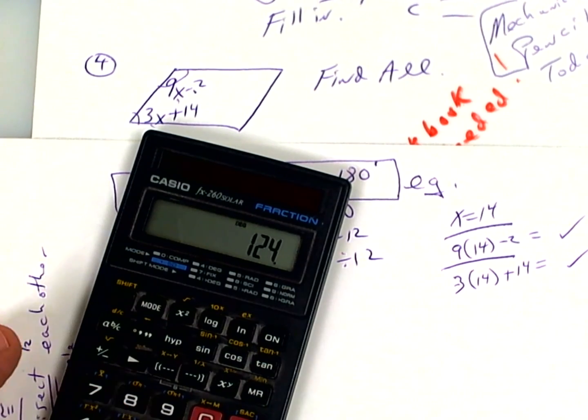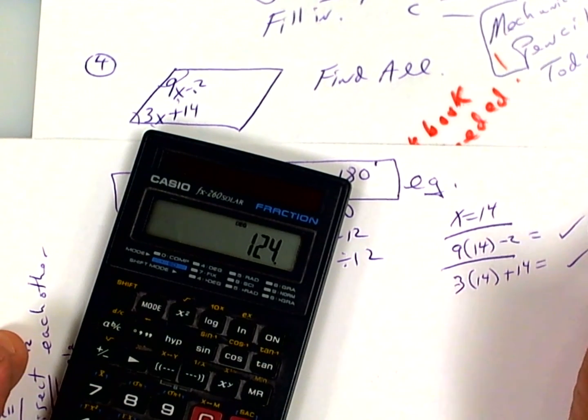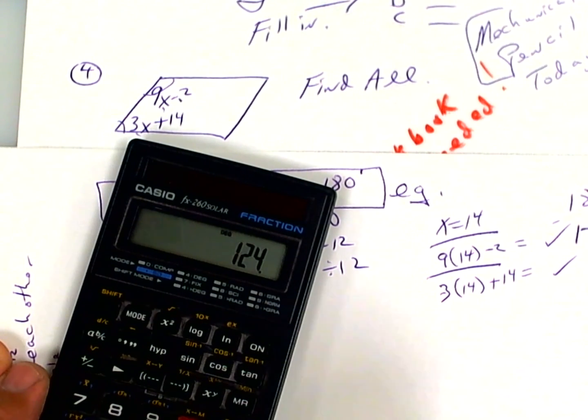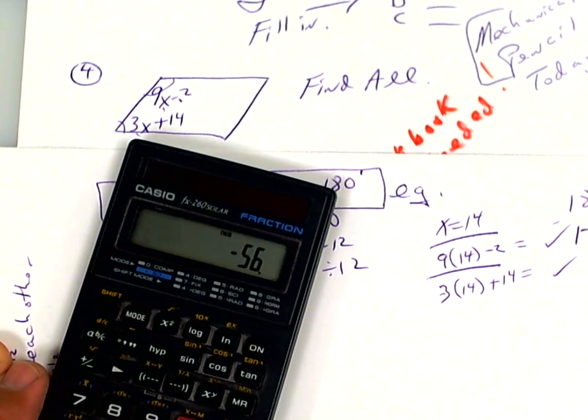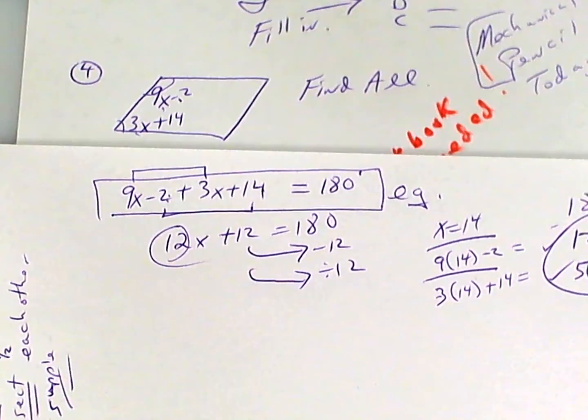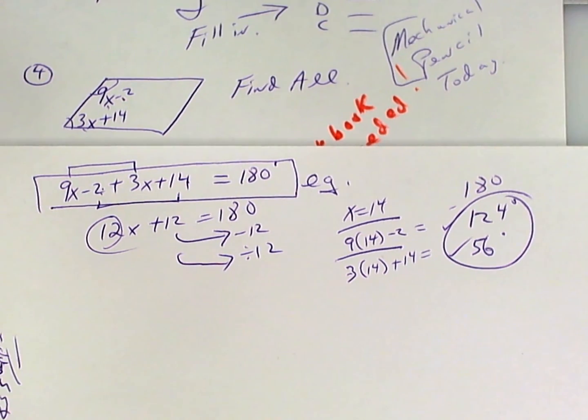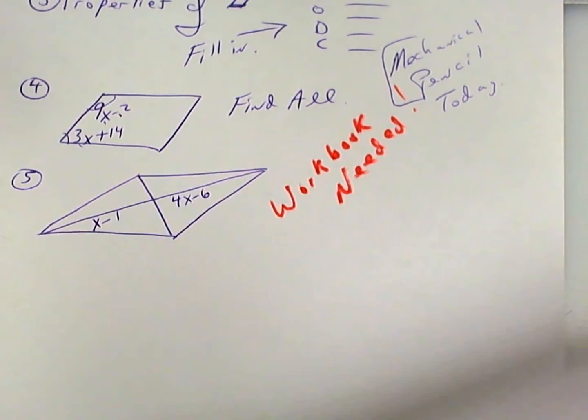So the great big one is 124 degrees. Remember, they add up to 180, so you could take 180 and subtract, which is a little easier. And I get 56 degrees. Those are the two angles that add up to 180 degrees.